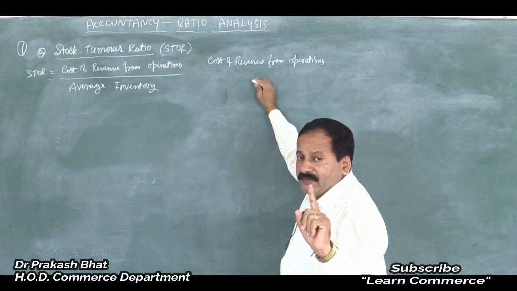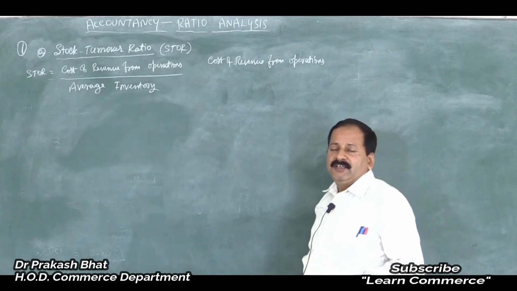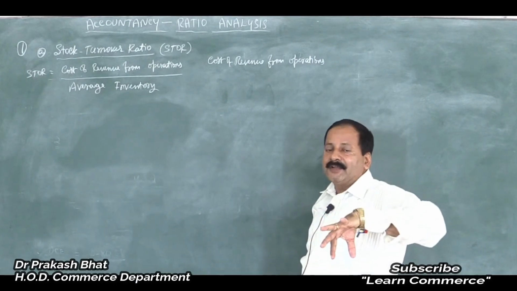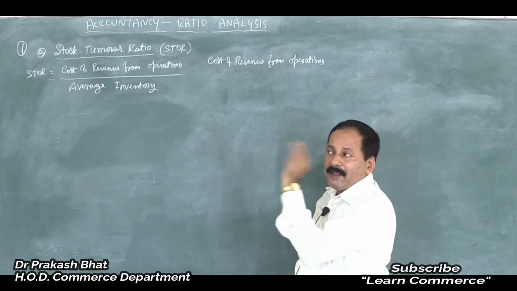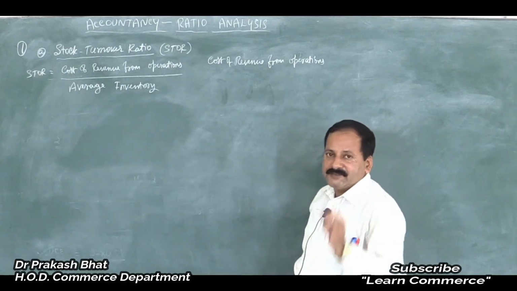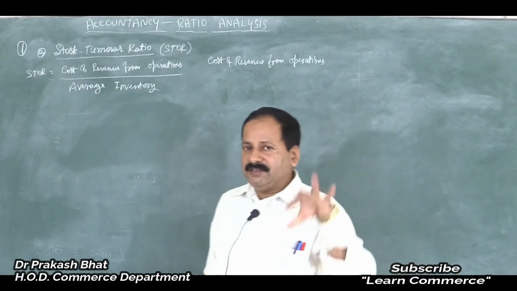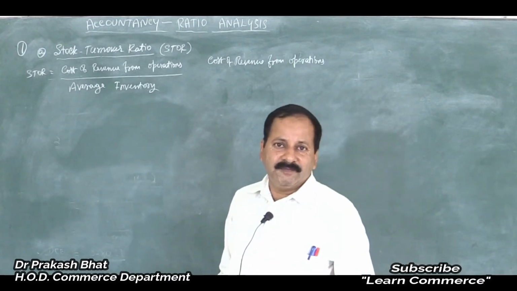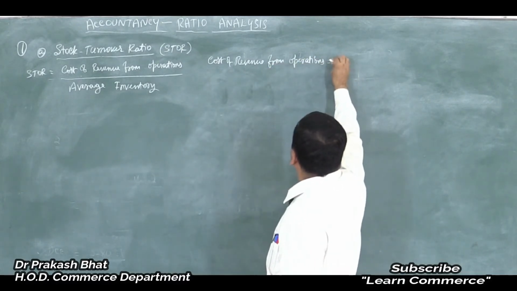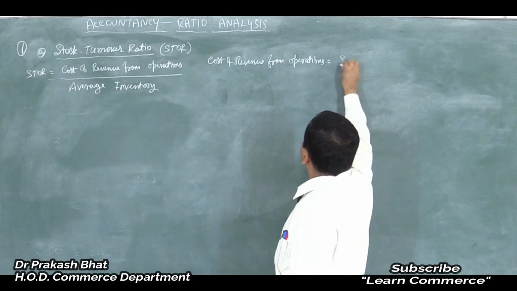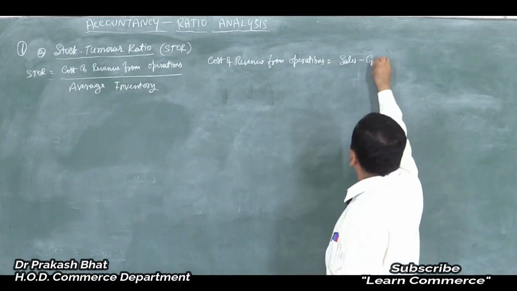Cost of revenue from operations means only cost of sales, cost of goods sold, isn't it? The profit margin will not come in it. So what we will do is take sales, that is revenue from operations, minus gross profit, and that is the cost of goods sold. When you remove the profit part, that itself is the cost of goods sold. Very simple. So I will write here: cost of revenue from operations is equal to sales or revenue from operations minus gross profit.